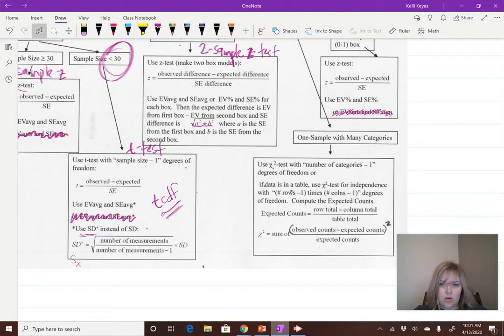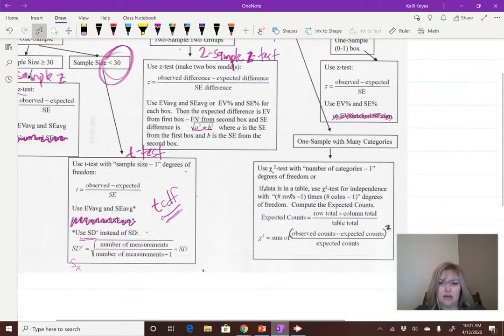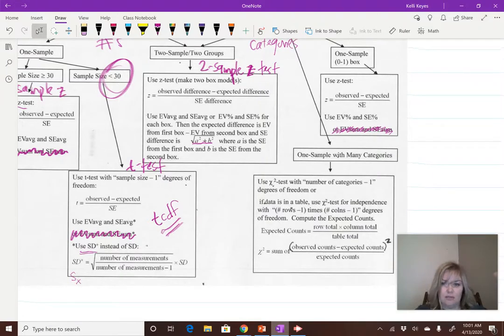Okay, so your favorite one that you'll probably like is one sample qualitative data, which is the chi-squared, like I mentioned. You just need to figure out, is it a goodness of fit test where they're just saying, hey, does this qualitative data fit this model?